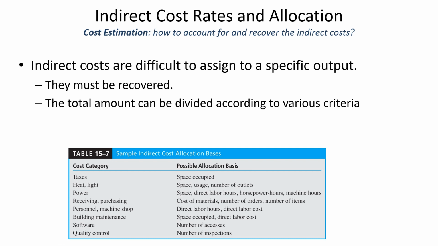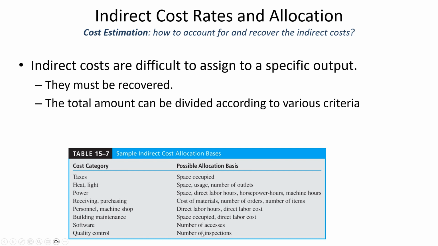So each of these different cost categories, there's a suggested basis for how you could know how much of the costs to recover. So if, for example, you've got a university and they subscribe to Adobe Creative Suite. So you've got some software. Should every student at the university pay the same amount for the Adobe Creative Suite? Or should you base that expense on who's actually accessing that software?